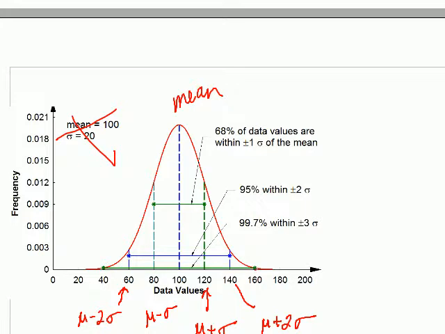And the same out here, this is for the plus 3 sigma and minus 3 sigma. Okay, if you go in this area between here and here, all the values between 80 and 120, 68% of the data values will lie there. If you go between 60 and 140, you get 95%, and between 40 and 160, you get 99.7% of all the values. So this sort of template for the areas under this normal distribution applies to all bell-shaped curves.